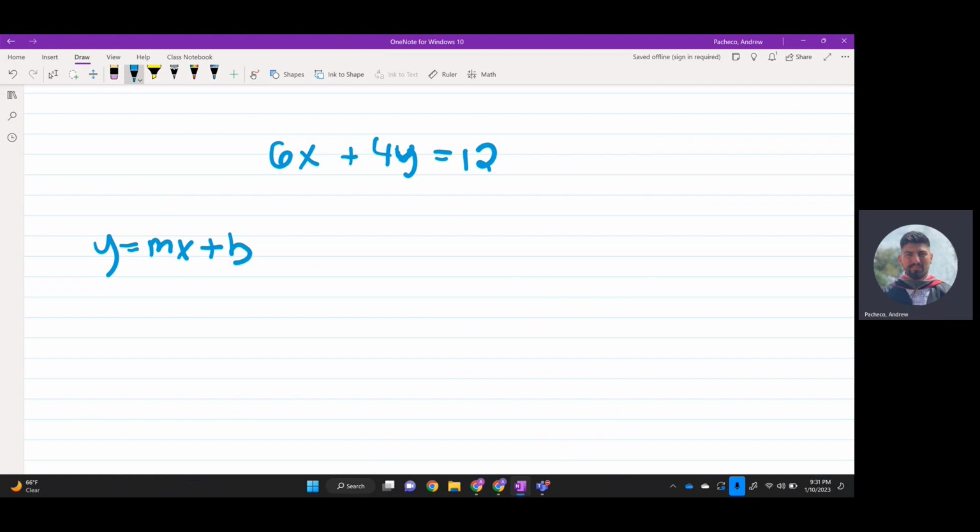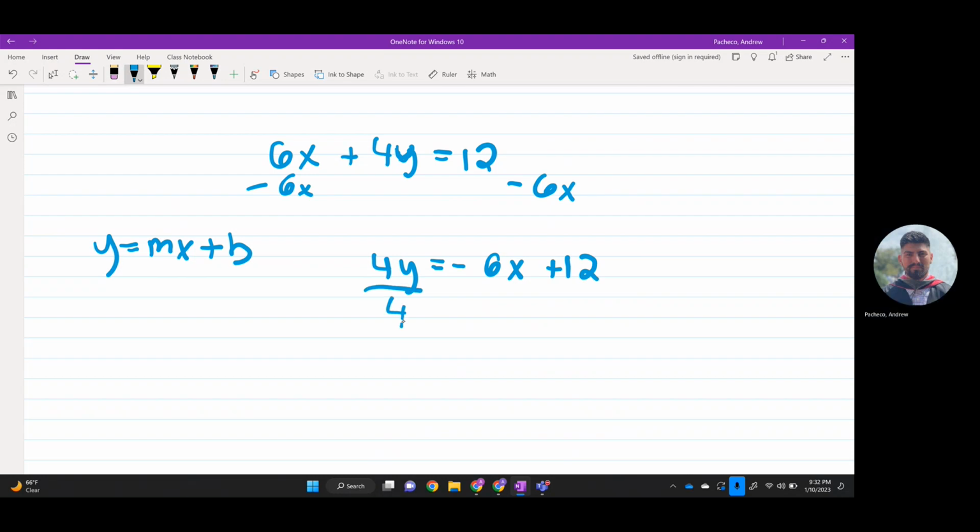So all I have to do is get y by itself. I'm going to subtract 6x from the left and the right. I get 4y equals negative 6x plus 12. Then I'm going to divide everything by 4. This by 4, this by 4.